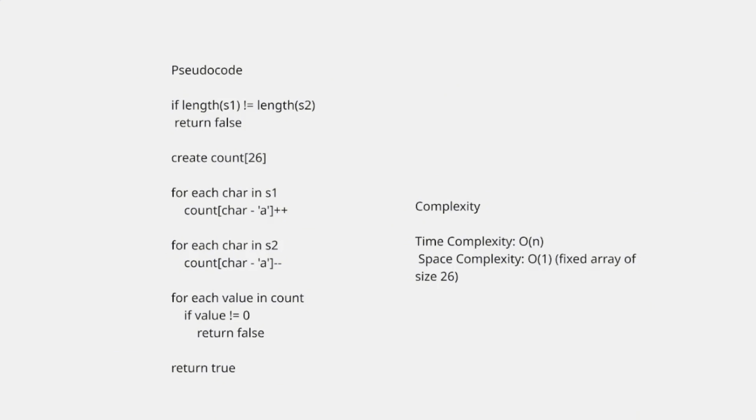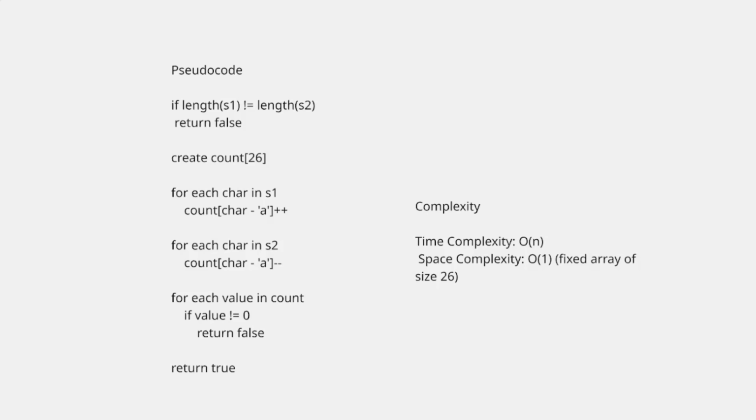If any value is not equal to zero, we'll return false, which means it is not a valid anagram. Otherwise, it is a valid anagram. So that is what we are going to do, and here is our time complexity and space complexity.